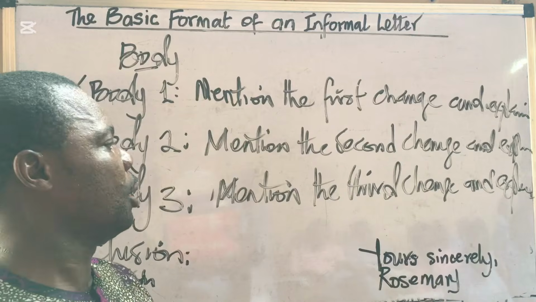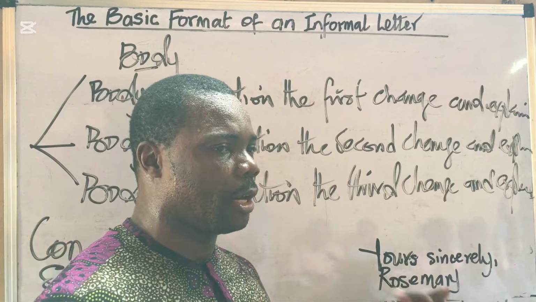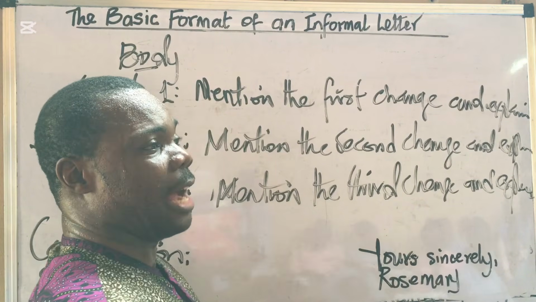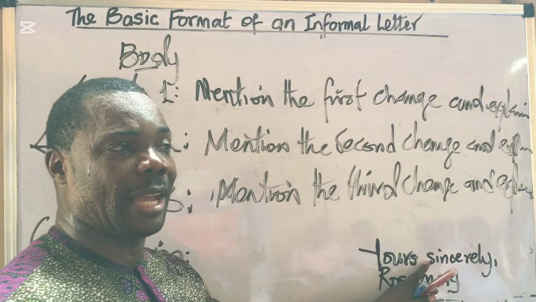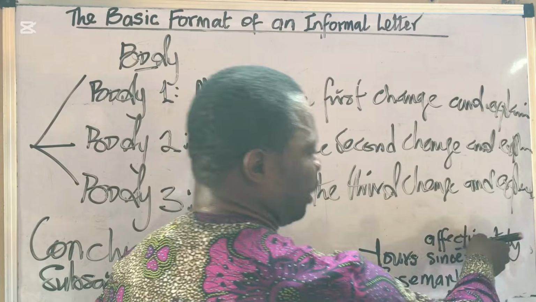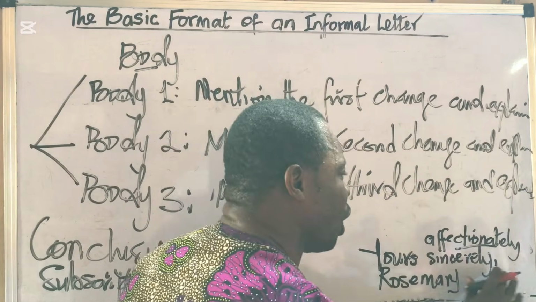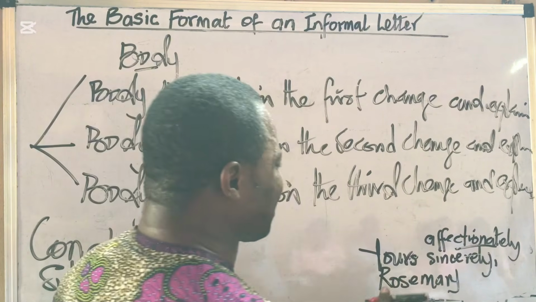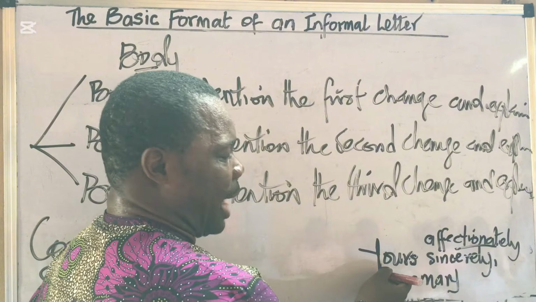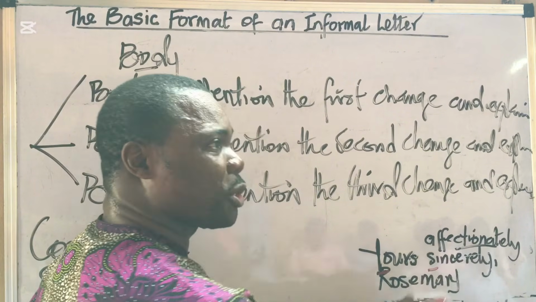Many students will say, Yours sincerely Rosemary, full stop. No. Yours sincerely Rosemary. This is acceptable in WAEC. But if it is NECO, they would accept Yours sincerely and they also accept Yours affectionately. NECO can take Yours affectionately and Yours sincerely, but WAEC only takes Yours what? Sincerely. And when you are writing this, the Y in Yours is in capital and the S in sincerely is in what? Small letter.